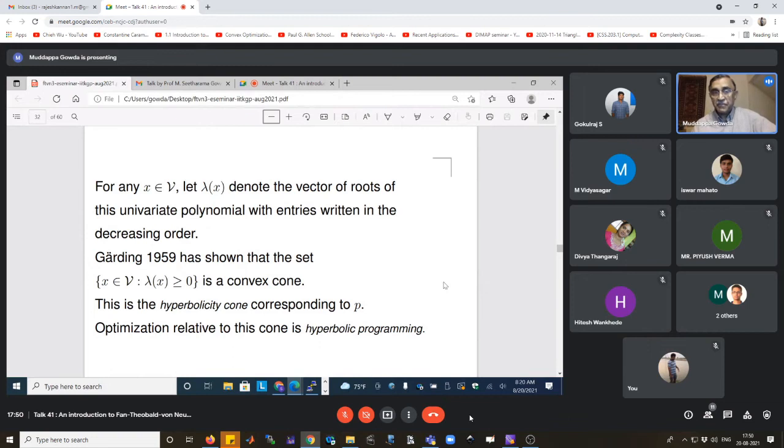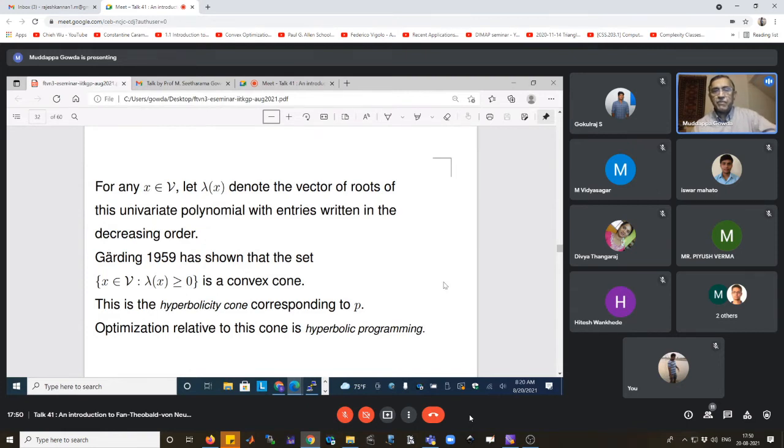What are special cases? If V is R^n, where p(x) is the product of the entries of the vector x, you get the non-negative orthant, and that leads to standard linear programming. If V is S^n and p(X) is the determinant of X, where X is a real symmetric matrix or Hermitian complex matrix, then lambda(X) is simply the vector of eigenvalues of that matrix written in decreasing order.